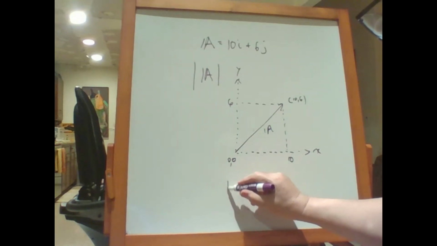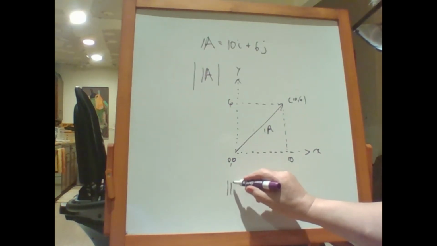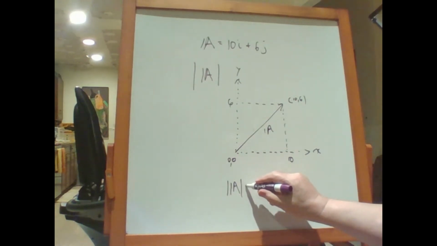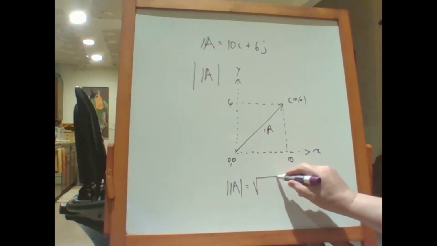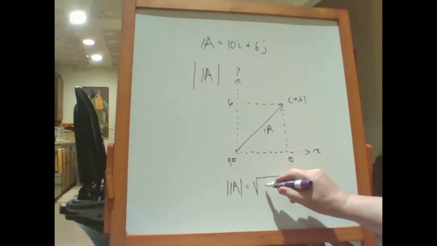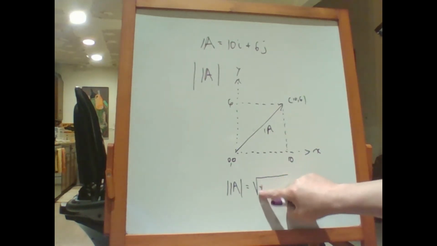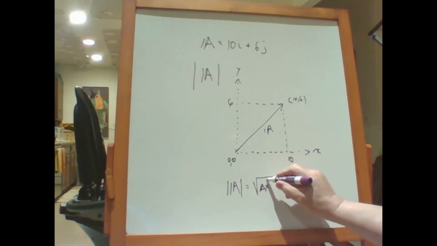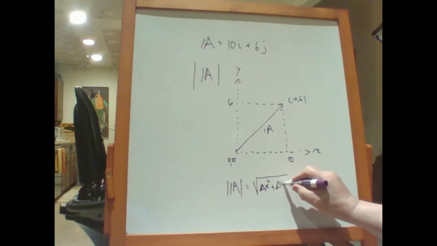So the magnitude of A, or any vector, is equal to the square root of delta x squared plus delta y squared.